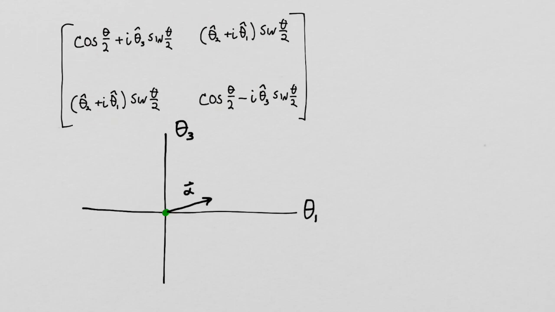So does it? Well, cosine 0 is going to be 1. Sine will be 0, so this imaginary part goes away. Likewise here, so the diagonal gets 1 and 1. And then the off-diagonal elements all depend on the sine, which is 0.